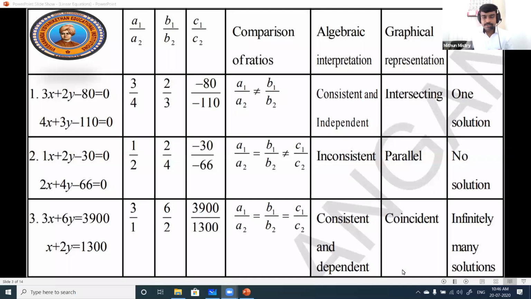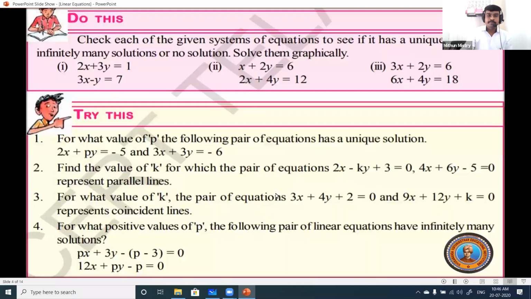So now let me take some questions which depend on this. So here you can see some try this questions. I have asked you to do this one and a few people have done that, and great, they have sent it to me also. Now let me explain one or two questions of this, try this also.